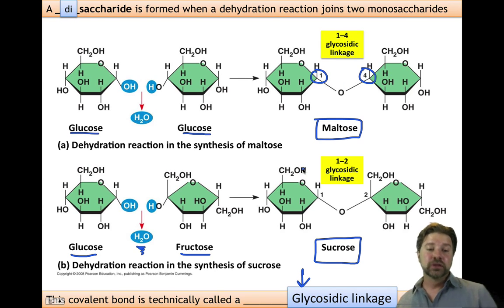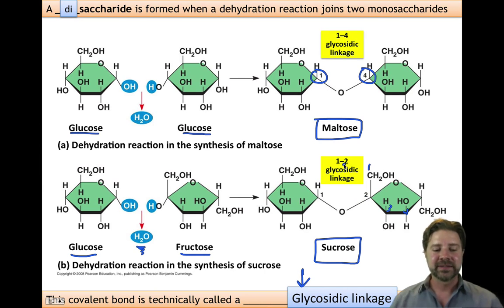Now, the glucose-fructose connection, however, is called a 1,2 glycosidic linkage. So in this case here, the fructose is numbered a little bit differently. This would be your carbon number 1 up there. Here's 2, here's 3, here's 4. So in this case here, this glucose, its carbon number 1 is bonding to this fructose's carbon number 2, and that's why it's a 1,2 glycosidic linkage.